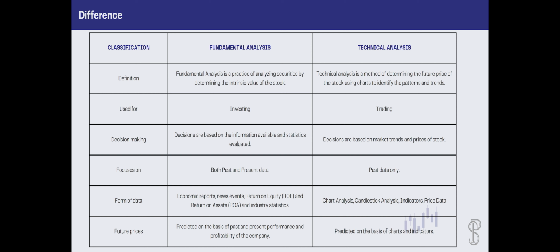Future prices are predicted on the basis of past and present performance and profitability of the company. So that's a hybrid mixture of what the stock has done in the past and what it has currently done. Technical analysis is just dependent on predicting the future based on charts. So looking at where the chart is right now, you are trying to predict what's going to happen in the future. So that's a summary of the key differences between these two types of analysis.